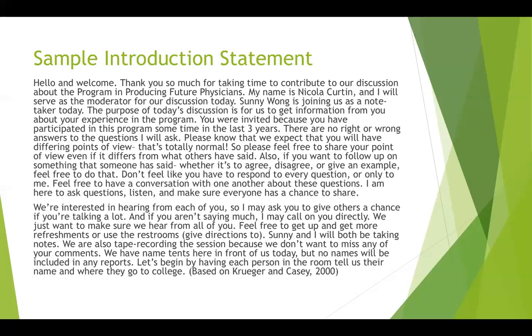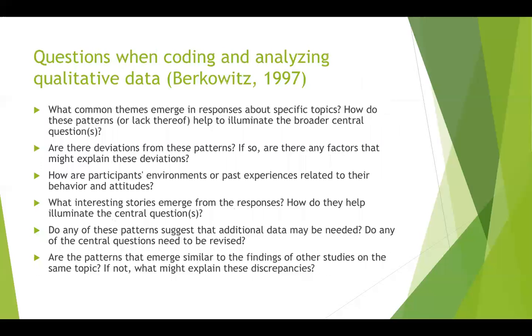And also normalize for them how you might be facilitating actively, right? So if someone's talking a lot, you might ask them to share a little less. If someone's not saying anything, you might ask them directly to respond to a question. And of course, they always have the right to say they don't have anything to say about that. That's fine too.